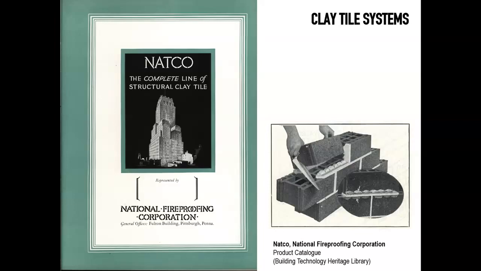So the terracotta is normally referred to as the envelope material that is used in those ornamental fashions, or in more simplified versions that we'll see around the 1920s and 1930s. But then there's another technology that is often known as the clay tile. Now, clay tiles are blocks of clay that have been burnt in a kiln.